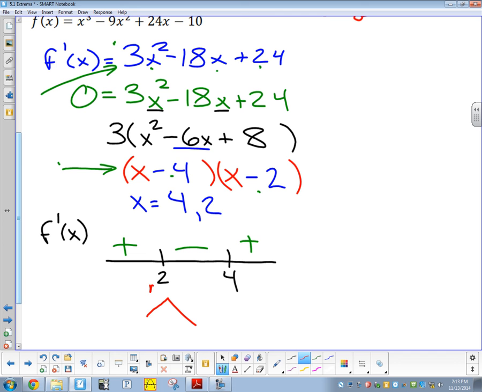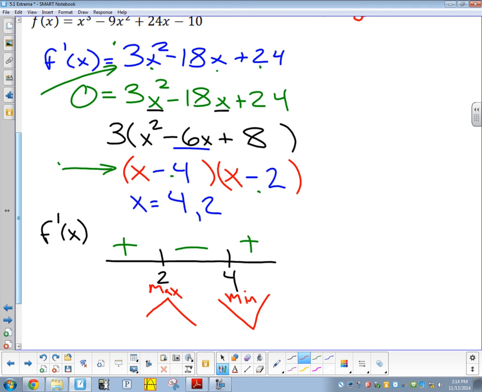That is a maximum. At 4, on one side I'm going down, negative slope, and then I change and go to a positive slope. If I go from a negative slope to a positive slope, what's true? That is a minimum. So 2 is a max and 4 is a min.